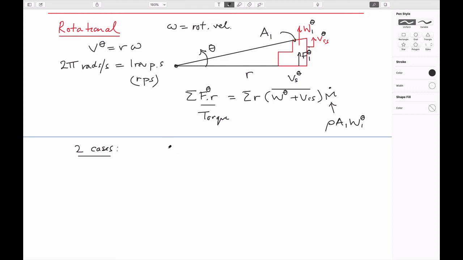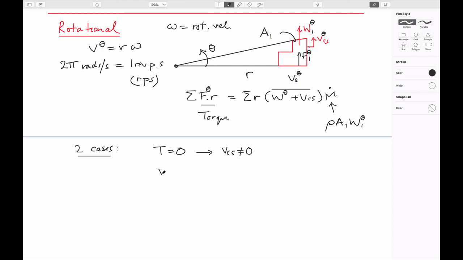And so the two cases we can look at are when the torque is equal to zero. Then the velocity of the control surface will not be equal to 0. Typically it's a maximum because it's unrestrained and there's no energy loss in the system.